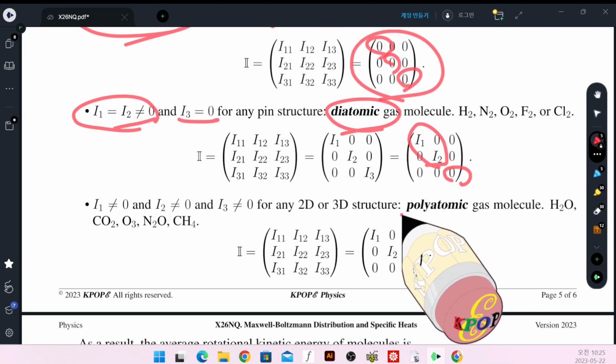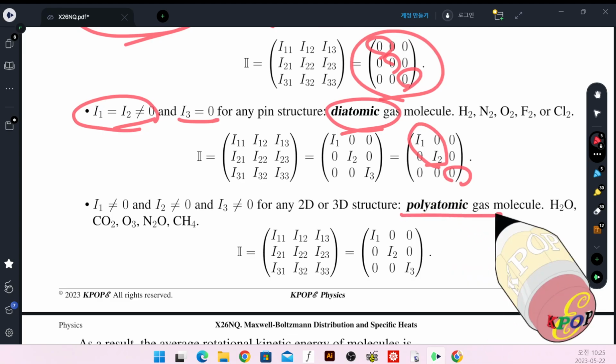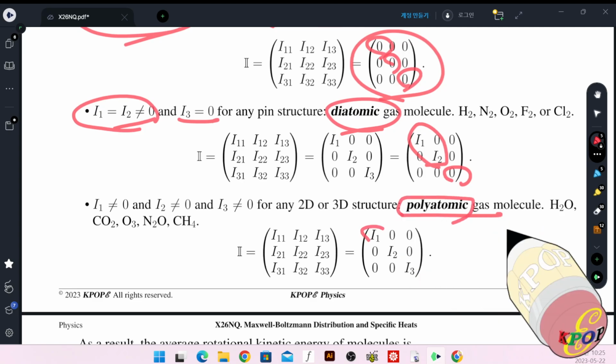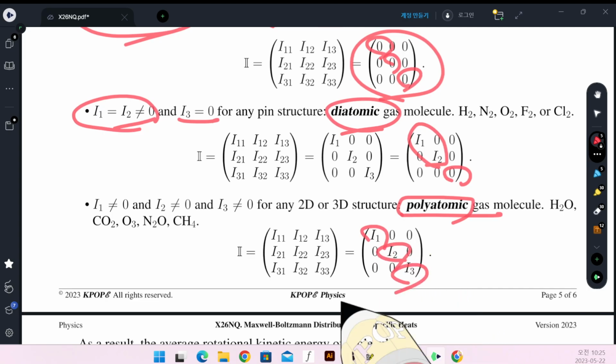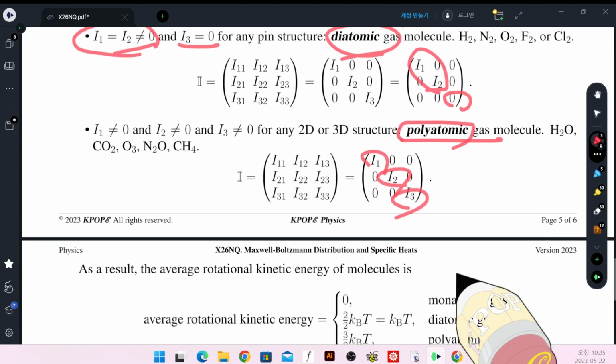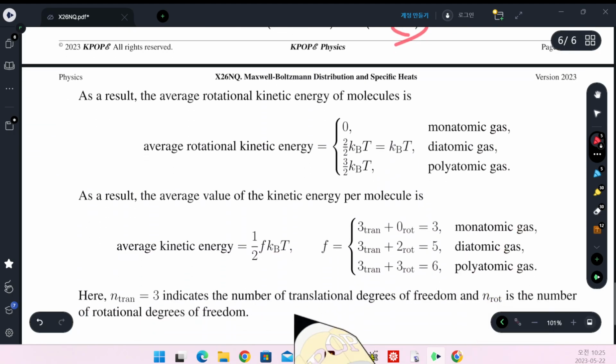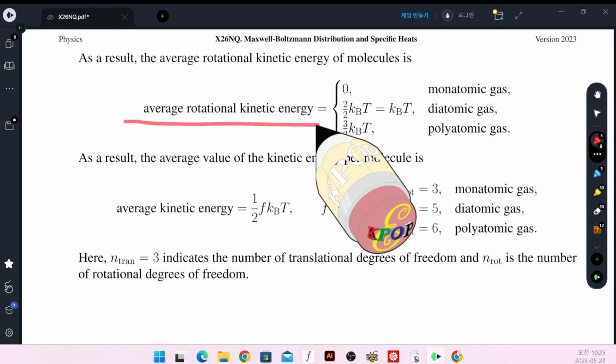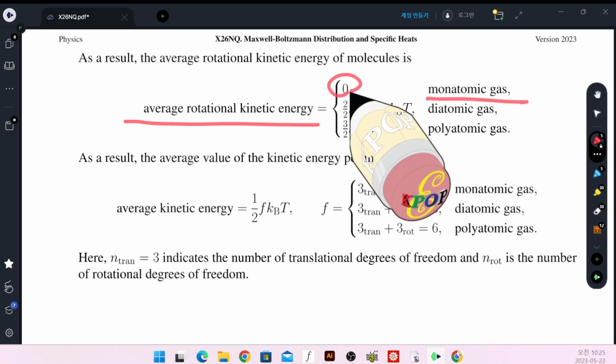If we have 3 or more atoms to construct a molecule, we call it a polyatomic gas molecule, and all three principal values of the rotational inertia survive. As a result, applying the equipartition theorem for the rotation, the rotational kinetic energy averaged over n molecules for a monatomic gas is 0.